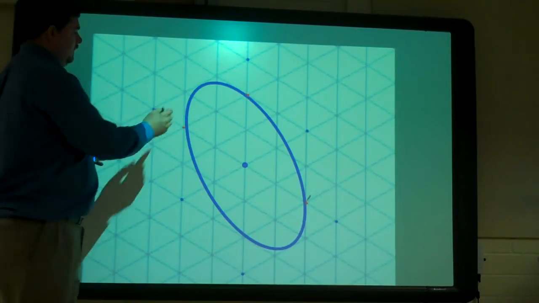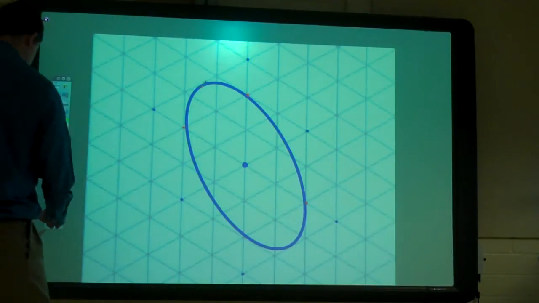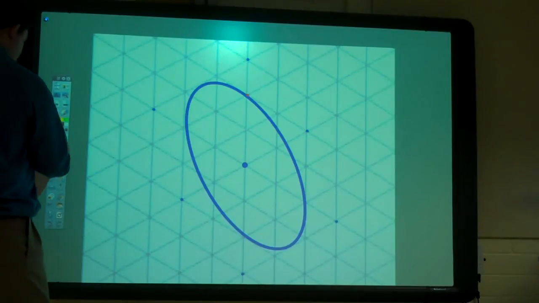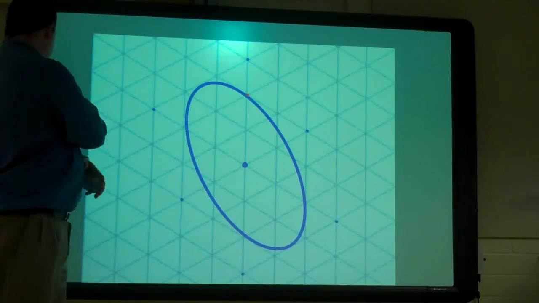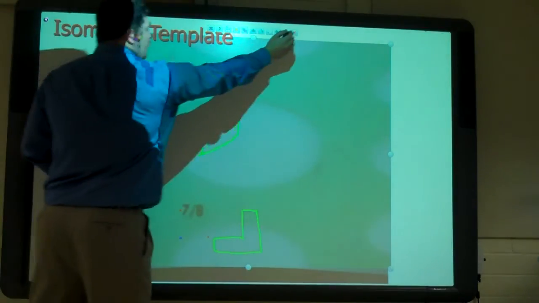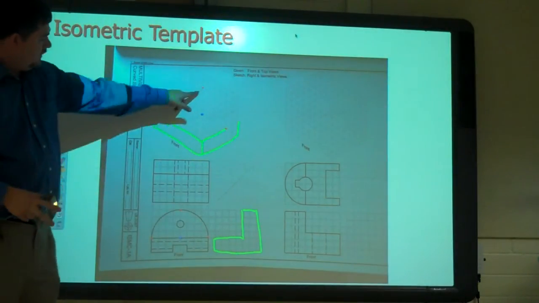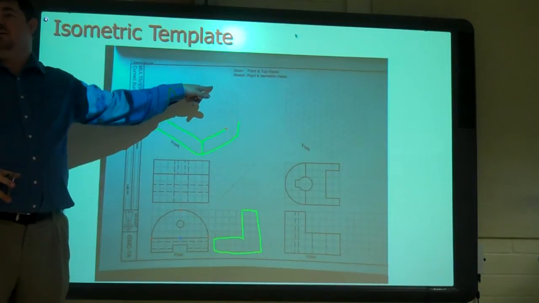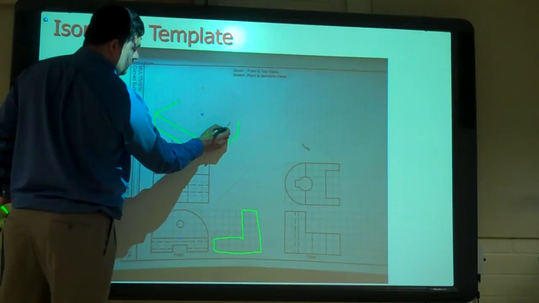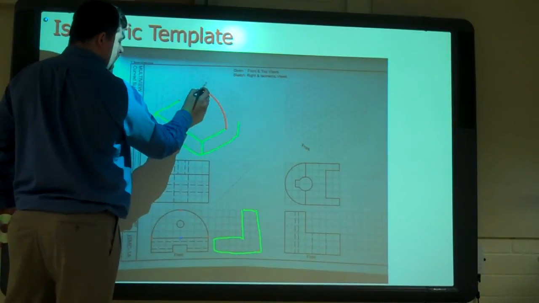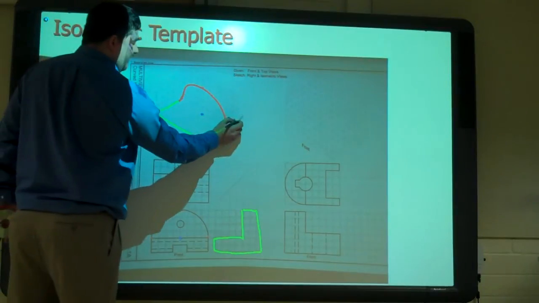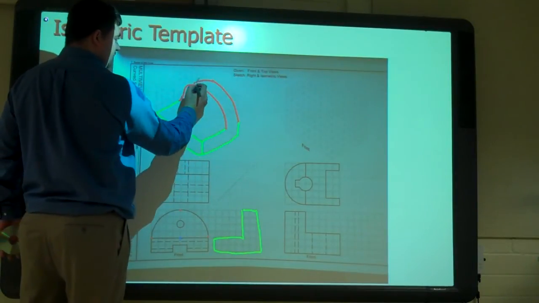Okay. So if I have that one, so on here, I'm not only going to have one, but I'm going to have two of them, right? So I'm going to have one ellipse like that. I'm going to have another one back here also, right?